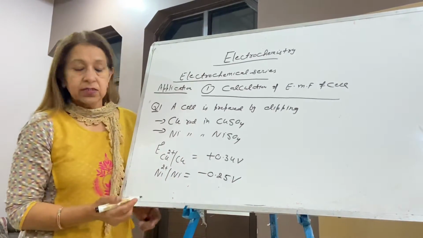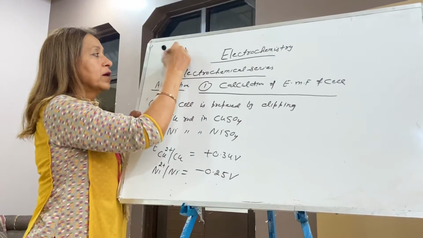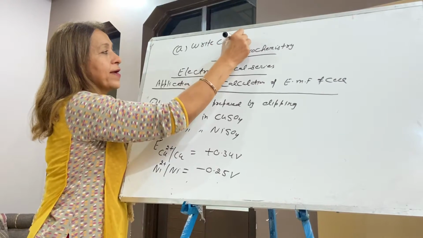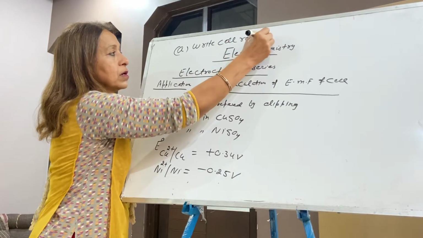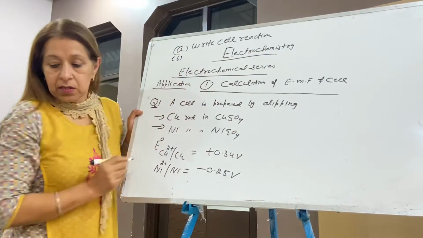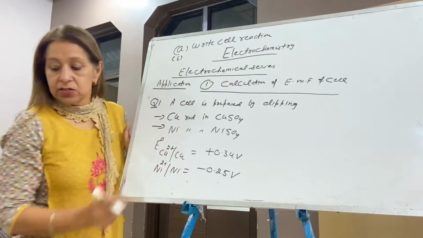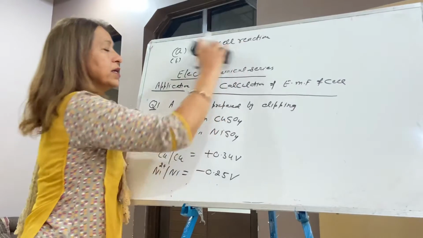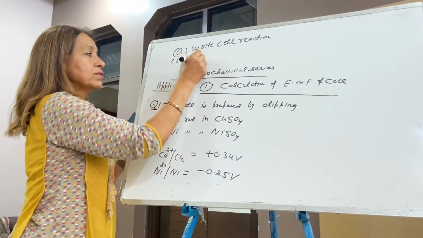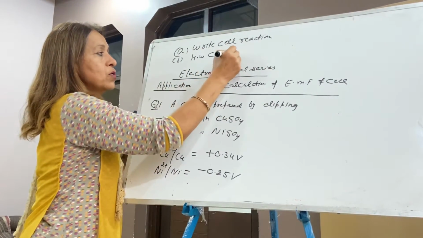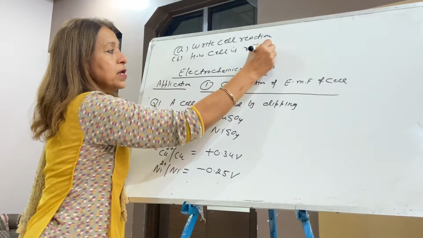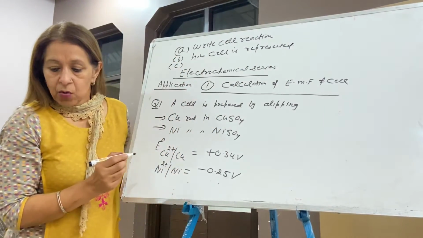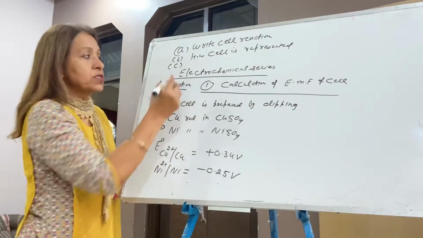Now the question they are asking. A part, write cell reaction. B part, how cell is represented. C part, which electrode is positive.